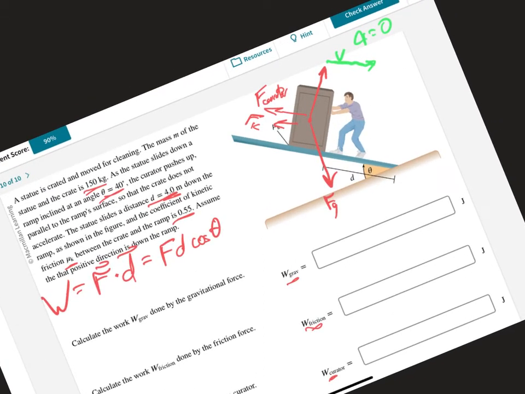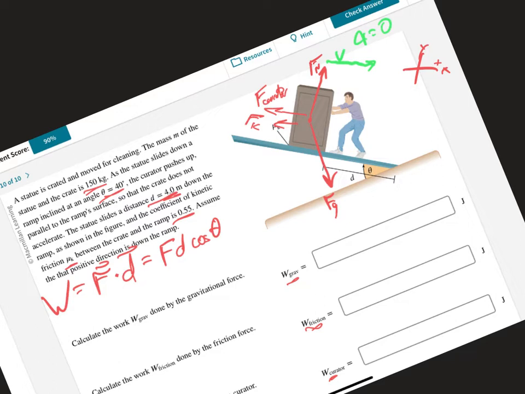So the way we're looking at this, the normal force, F sub n, the curator's force, and the kinetic friction are all on the xy axes. The frictional force is in the negative x direction.